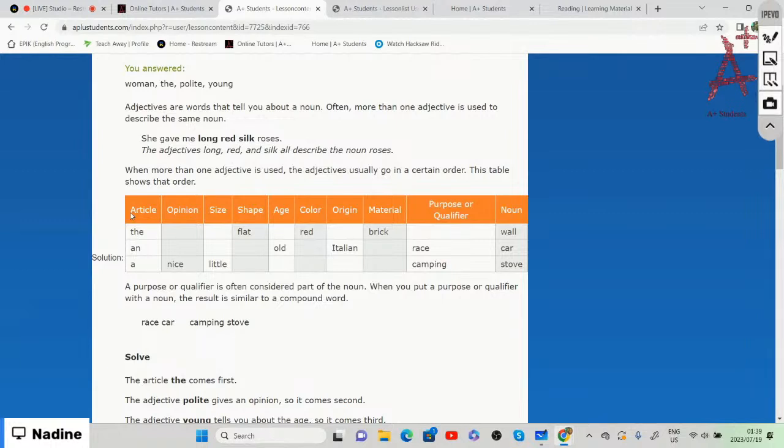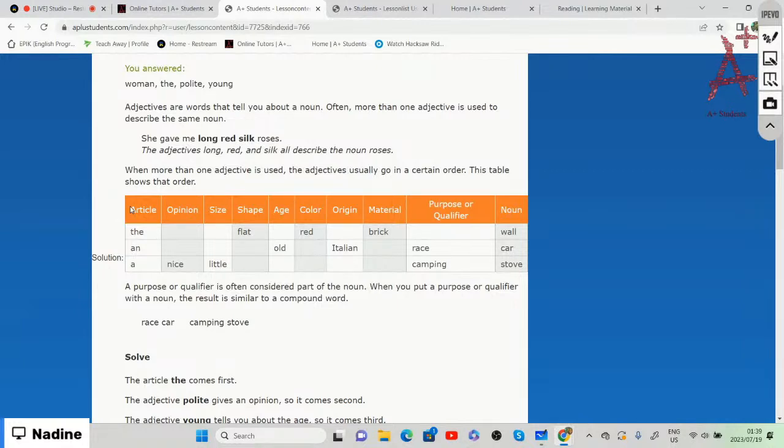All right, so if you have two or more adjectives within a sentence, remember the article, the, an, or a, is not an adjective. So if you were to select the adjectives, and there is more than one adjective within the sentence, then we need to put them in order based on opinion, size, shape, age, color, origin, material, purpose, or qualifier.